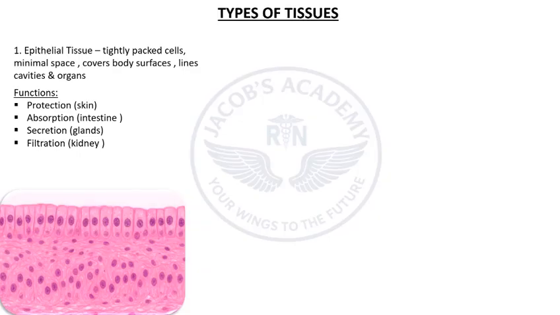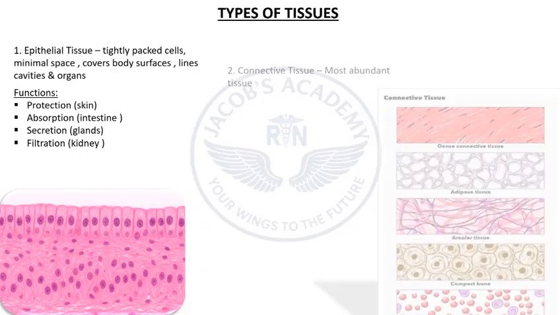Depending on its location, it also performs absorption, secretion, filtration, and excretion. The examples are the skin and the lining of the respiratory tract, the lining of the digestive system, and the glands in our body. These cells are tightly packed and they offer excellent protection.